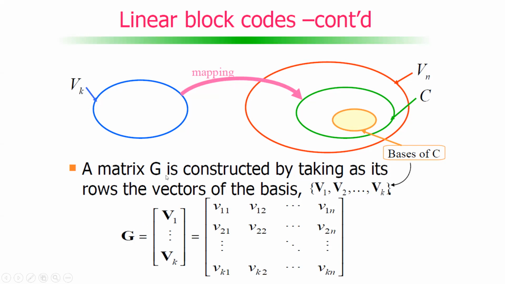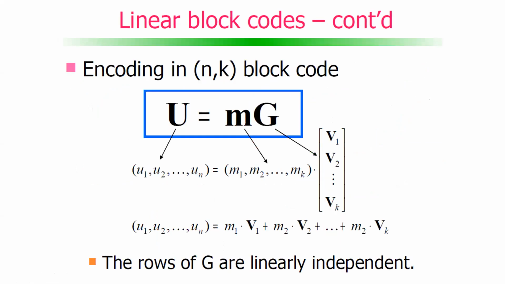A matrix G is constructed by taking as its rows the vectors, so I will take only 2 vectors and put those 2 vectors in a matrix. That matrix is called the generating matrix, and using those k vectors only, I will be able to find out 2 raised to the power k code words. I will explain the method like this.